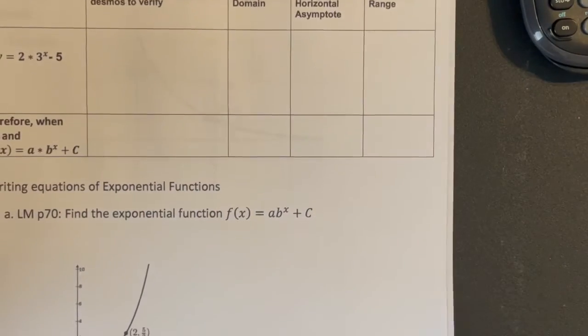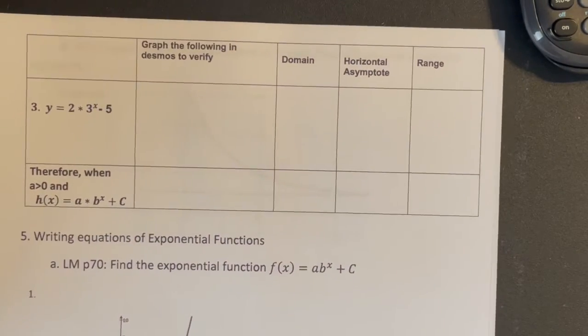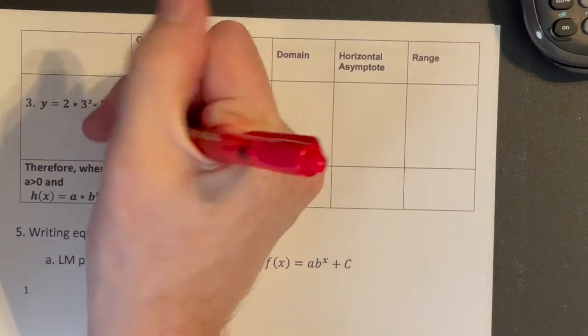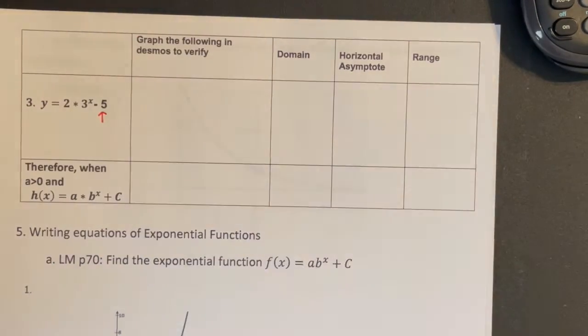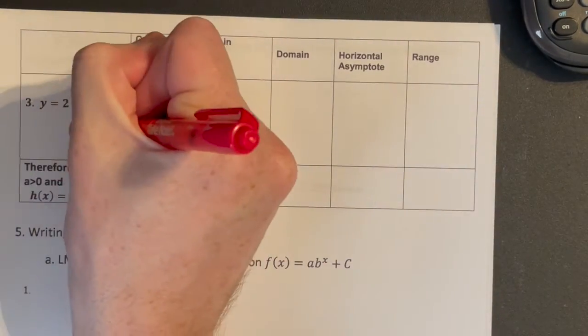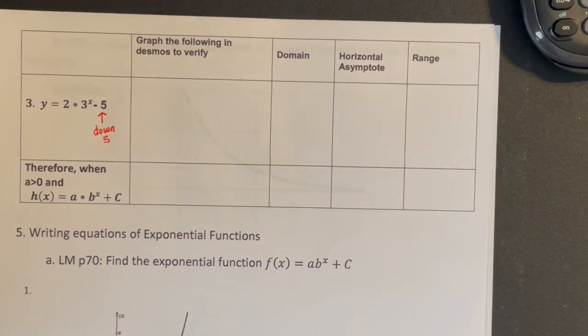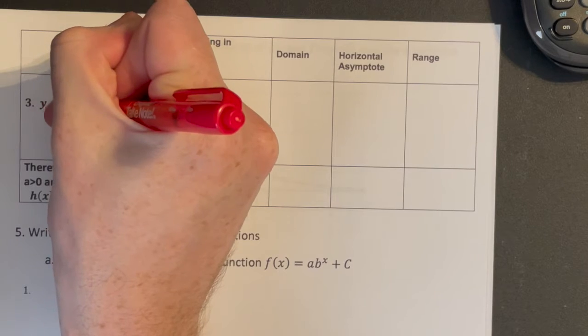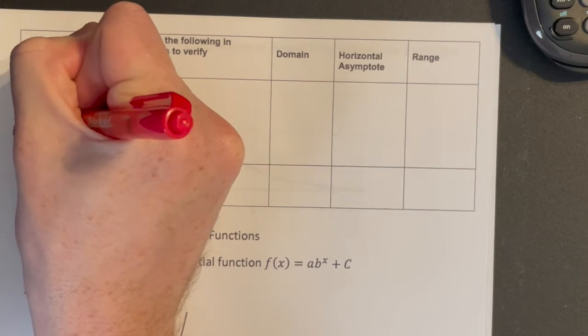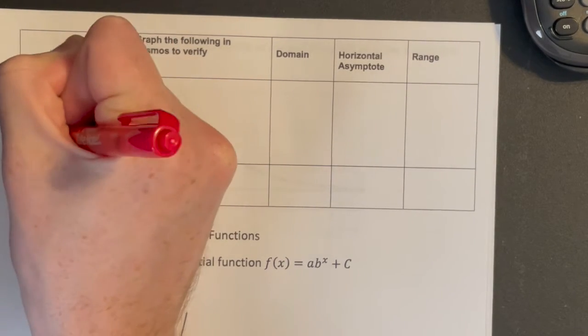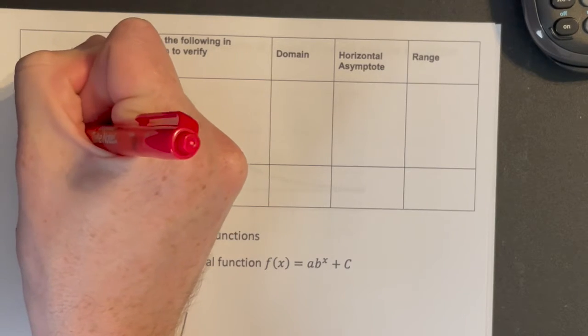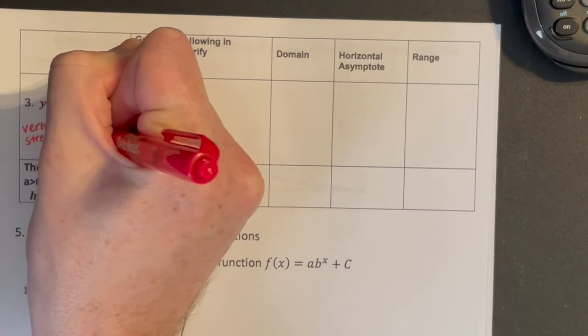All right. Number 3, we have a few more transformations, but we can see that the -5 at the end moved it down 5. But the 2 out front was a vertical stretch, so a vertical stretch by a factor of 2.